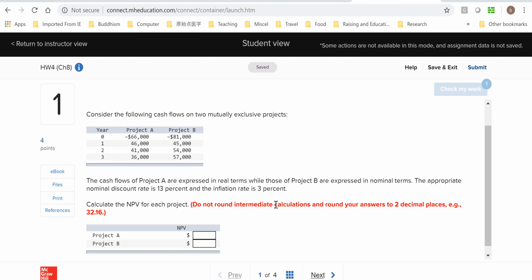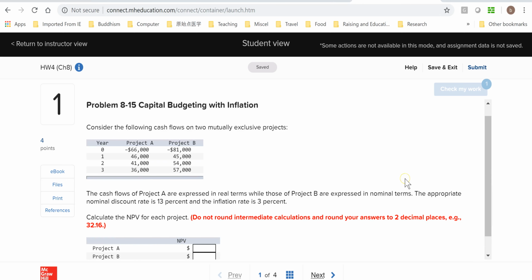So this is a question on capital budgeting, specifically on calculating the NPV, but with the issue of inflation, which gives rise to the real cash flows, the real discount rate, and the nominal cash flows and nominal discount rate.